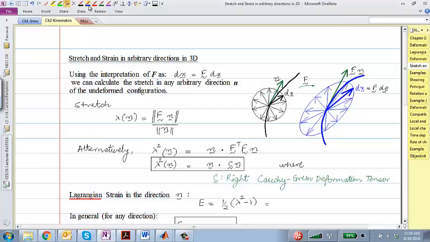The numerator is nothing but the magnitude of dx/ds, and the denominator is nothing but the magnitude of dz/ds, which is the definition of lambda, correct?